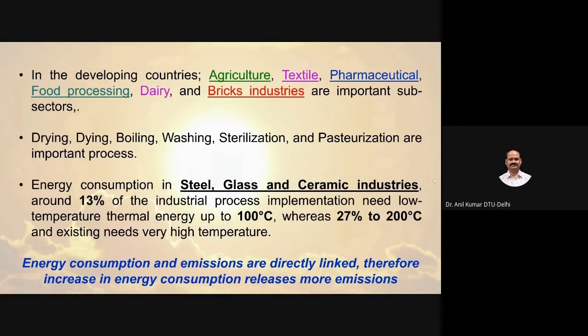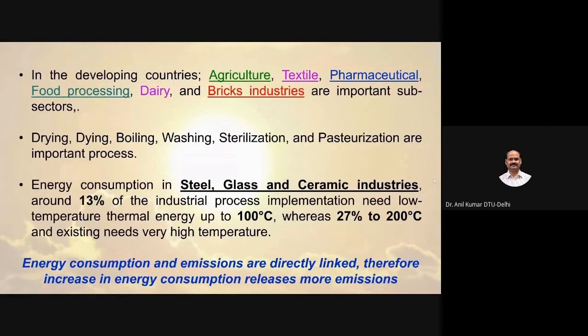In developing countries, the main industry subsectors are agriculture, textile, pharmaceutical, food processing, dairy, and brick, and the main processes are drying, boiling, washing, sterilizing, and pasteurization.